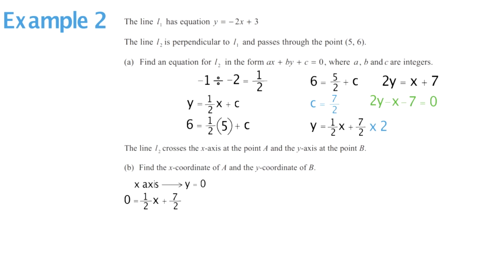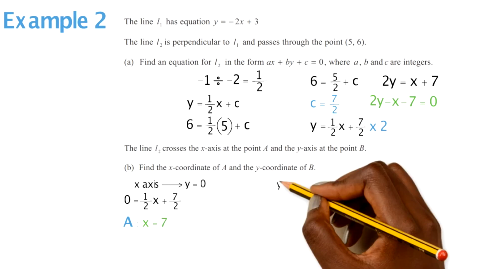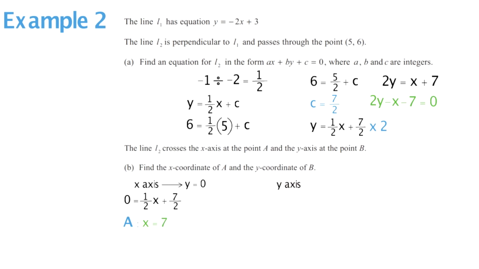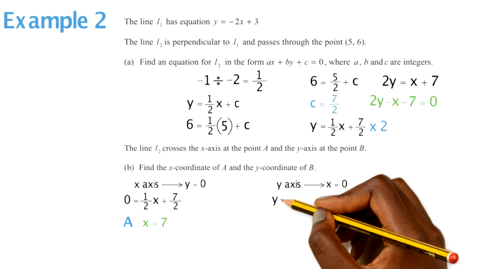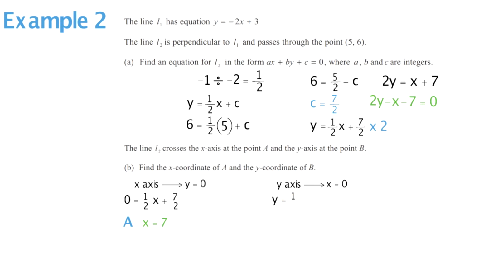So by substituting y is equal to 0, rearranging and solving this, your value for x should just be 7. Then on your y-axis, every coordinate has x equal to 0. So therefore, we can substitute x is equal to 0 into the equation of line 2.